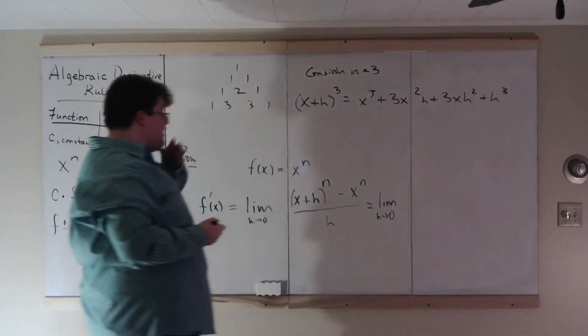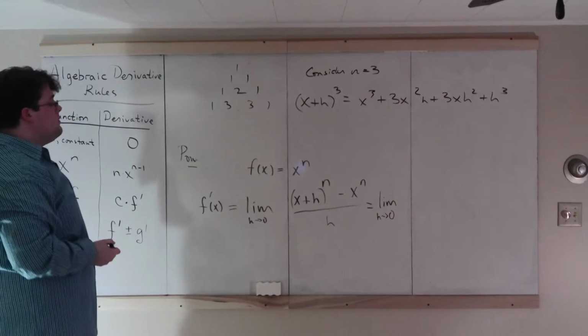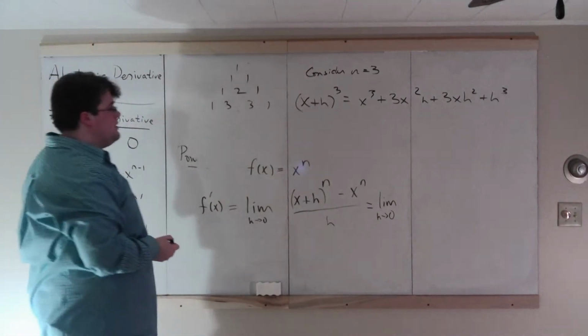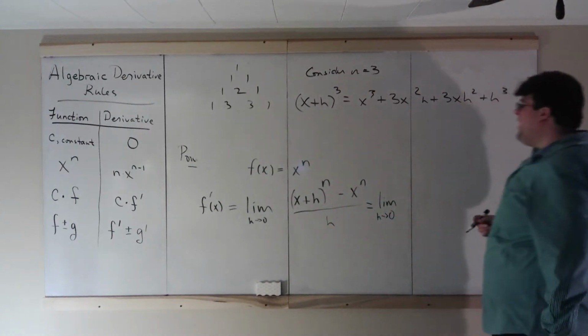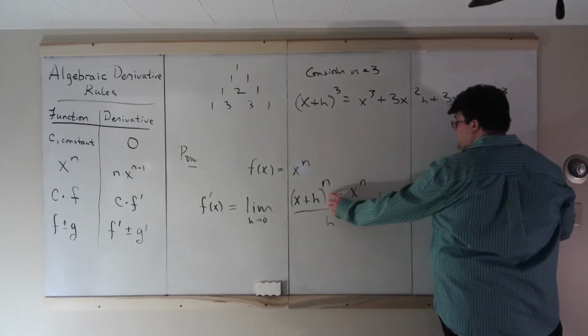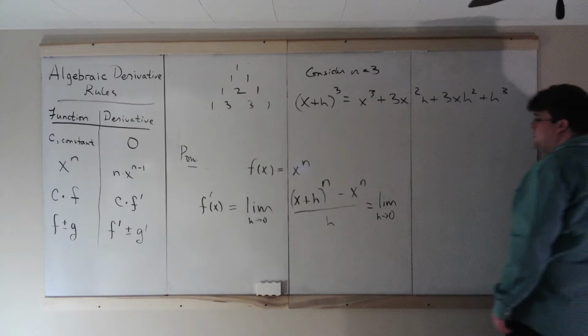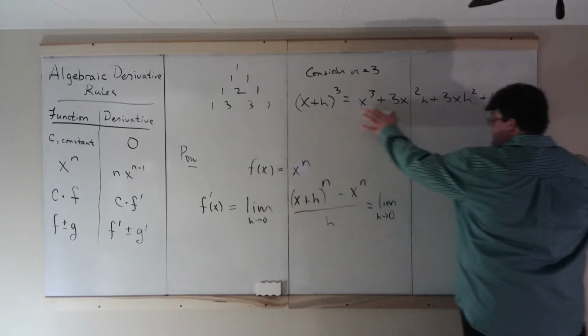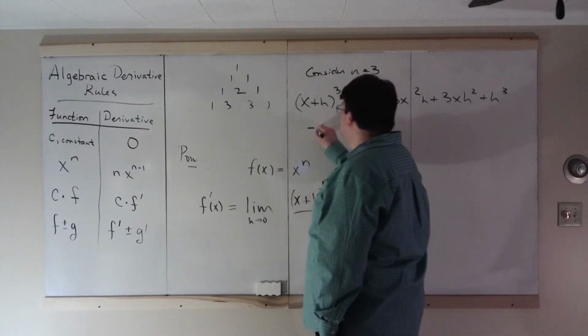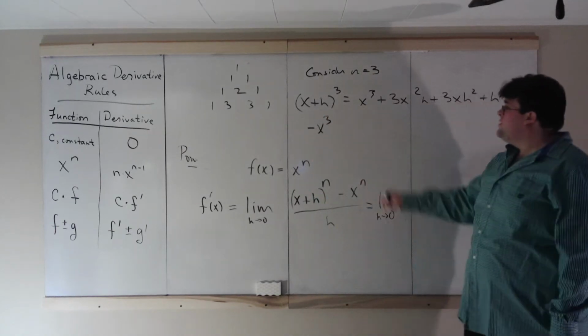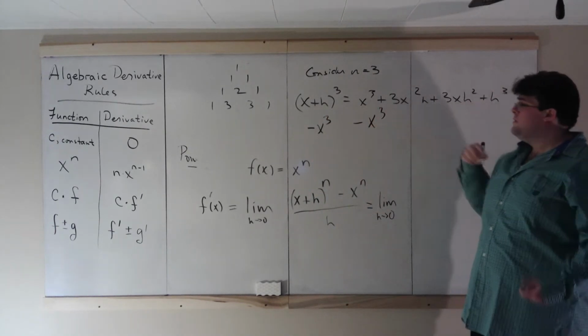We did this in the definition of the derivative video. What happens in this numerator if n equals 3? That expands to this. Subtract x cubed, and you subtract x cubed.